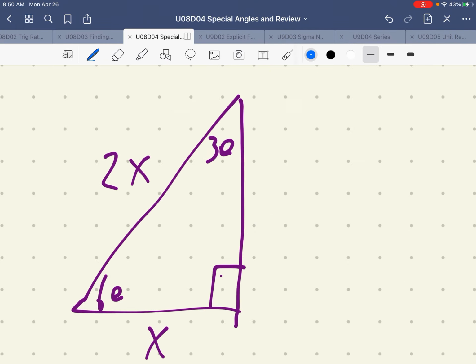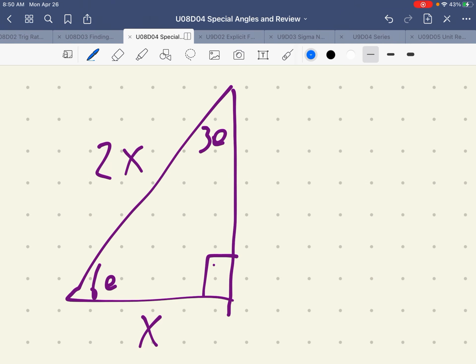So that means that we have this triangle here, which is a 30, 60, 90 right triangle, where the hypotenuse is 2x and the base is x. Let's use the Pythagorean theorem to find the measure of the remaining side. That would be x squared plus b squared equals 2x squared, in parentheses, excuse me.